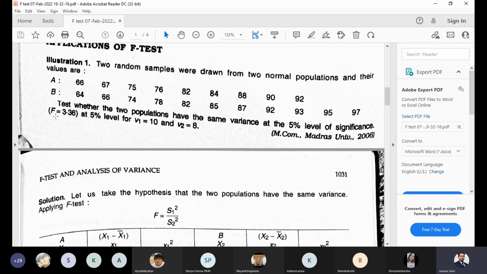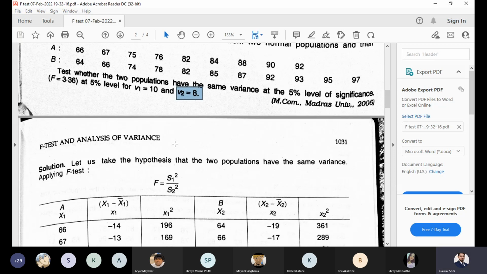Also in the question it is given the value of F is 3.36 at 5% level of significance for nu1 as 10, nu2 as 10. Let's recall what nu1 and nu2 were. Nu1 was the degree of freedom for the larger sample, and nu2 the degree of freedom for the smaller sample.